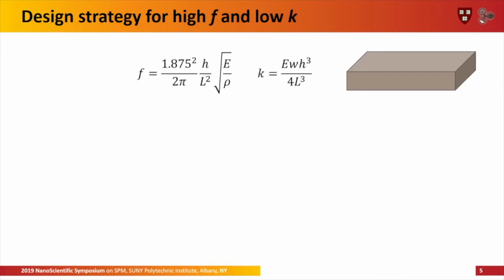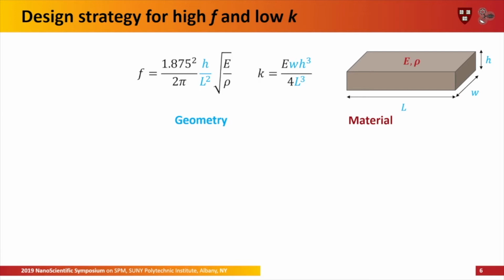So let's have a look at how we actually design and make the cantilevers. These two equations are for calculating the resonant frequency and the spring constant for solid rectangular cantilevers. First is the geometry of the cantilever, including the length, the width, and the thickness. Then we also have the intrinsic properties of the material, including the Young's modulus and the density.